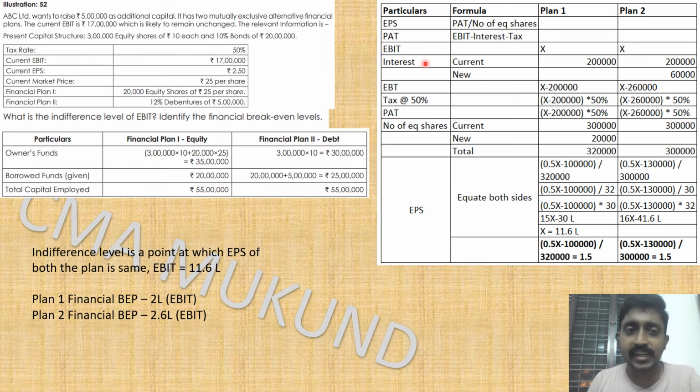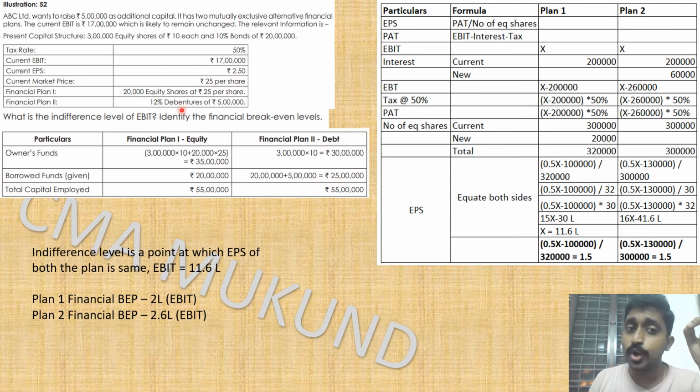So what is the interest in the current scenario? 20 lakh bond, 10% interest. So 10% multiplied by 20 lakh is 2 lakh, which is the current interest level. In plan 1, we are going to retain the same level of borrowed funds, but in plan 2 we are going to have 25 lakh, with 5 lakh of debenture financing at 12%.